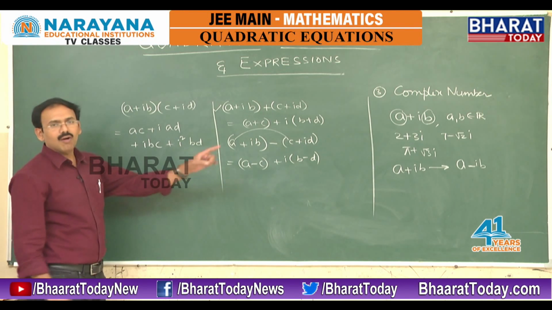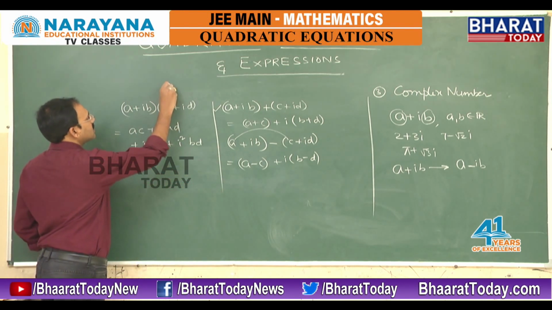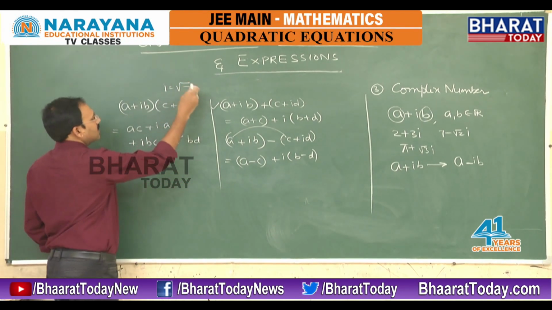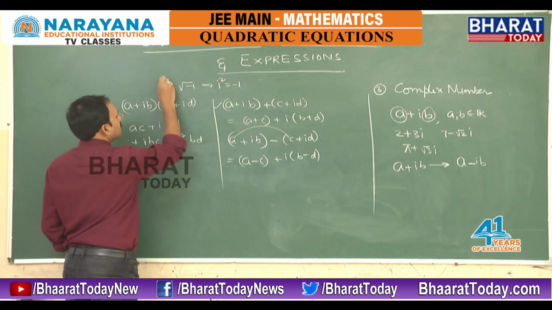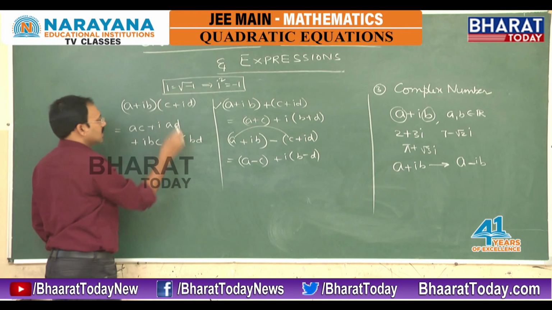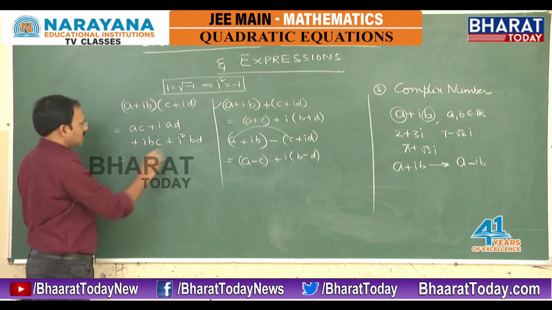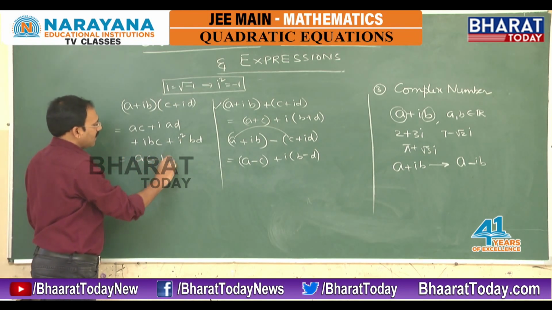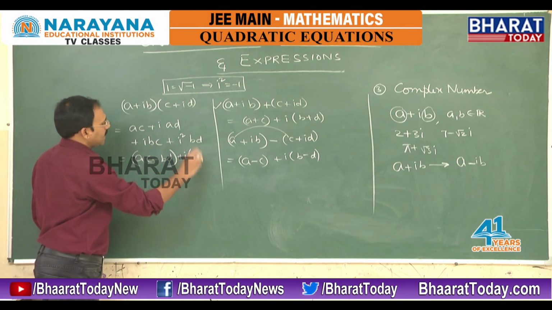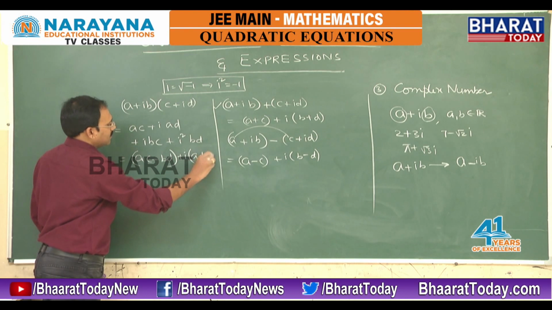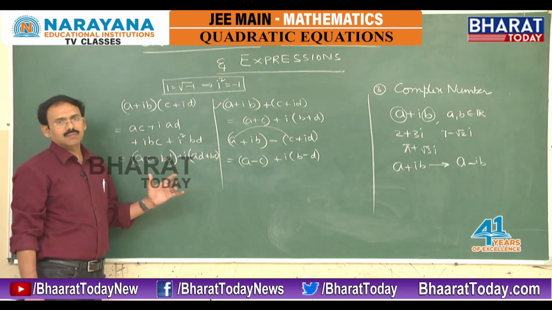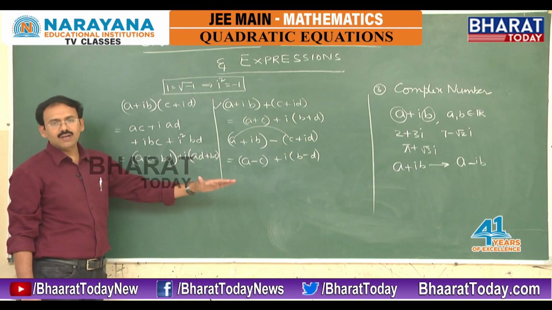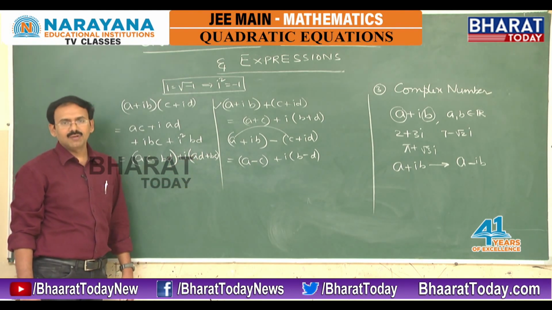We know that in a complex number, i stands for the square root of minus 1 and hence i square is equal to minus 1. So with this i square becomes minus 1, and we get ac minus bd plus i into ad plus bc. This is how we multiply two complex numbers. So this is required for the further problems.